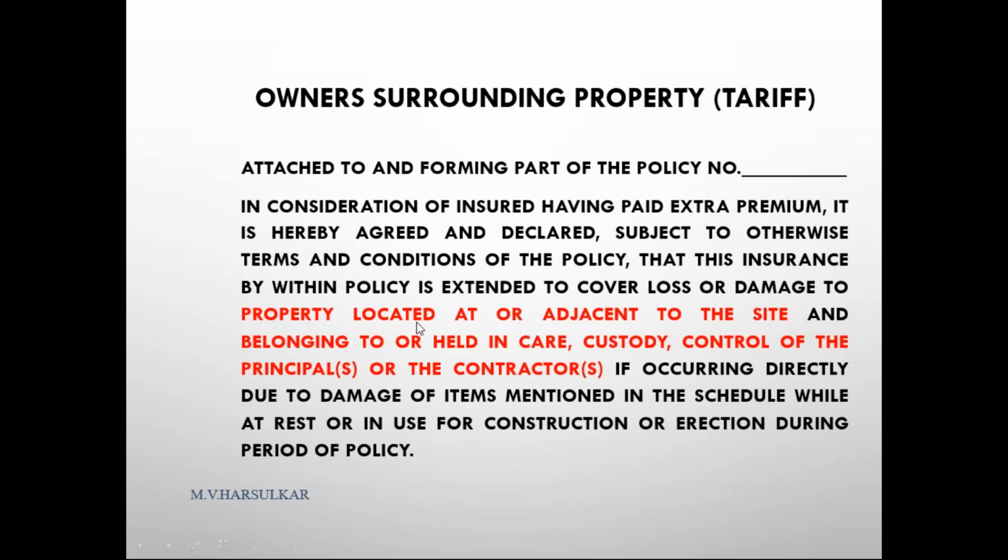So it may be at the insured premises, or it can be adjacent to the site, so nearby property, and belonging to or held in care, custody, control of the principals or the contractors. Since this is a common endorsement, these words are like this. Operational policies also and project policy also. So the principals and contractors is used.